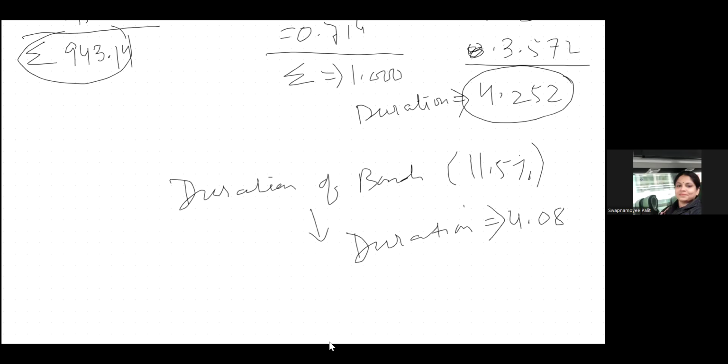After getting the duration, what we are going to calculate is volatility. Bond duration tells you how sensitive it is to the market rate of interest. Now, how volatile, how risky it is as the time period increases, that information will be given from the volatility calculation. So we are going to calculate the volatility of the bond.